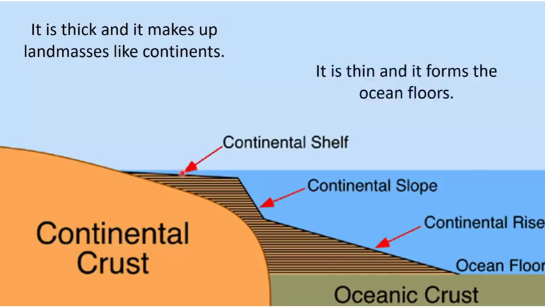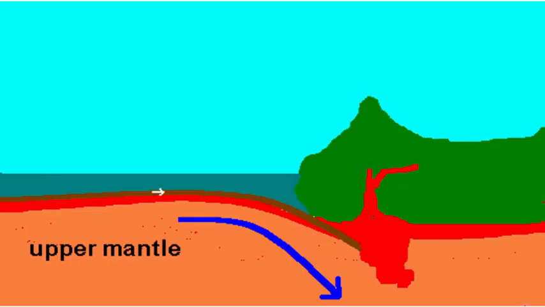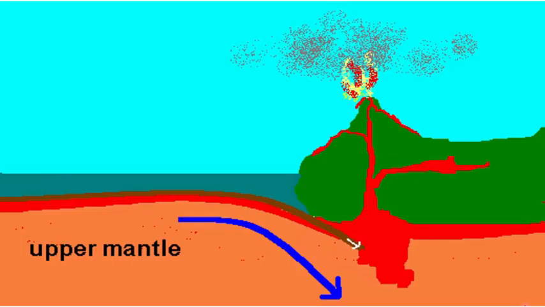On the other hand, oceanic crust is thinner, like a thin layer about 5 to 10 kilometers deep. It's made of denser rocks and generally younger than the continental crust. In addition to that, it forms the ocean floors. In short, class, continental crust is thick and old, forming the land we live on, while oceanic crust is thinner and younger, forming the ocean floors.